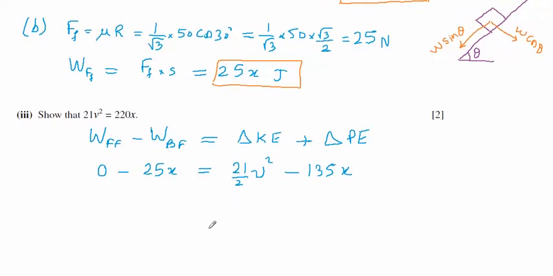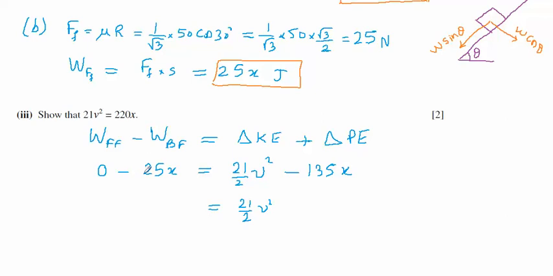Okay, so now in one step we can simplify this and we will get what they are asking to prove. This one we can move to the left side. So 21 over 2 v square is equal to, now it's only a matter of algebra, 135 will become positive.